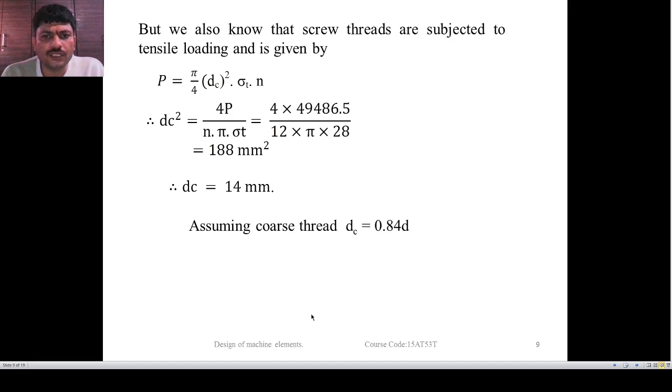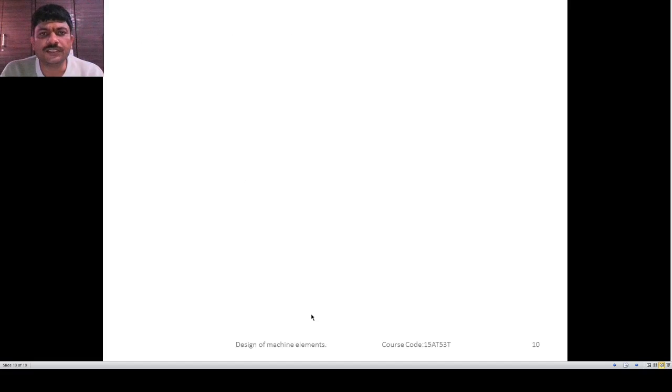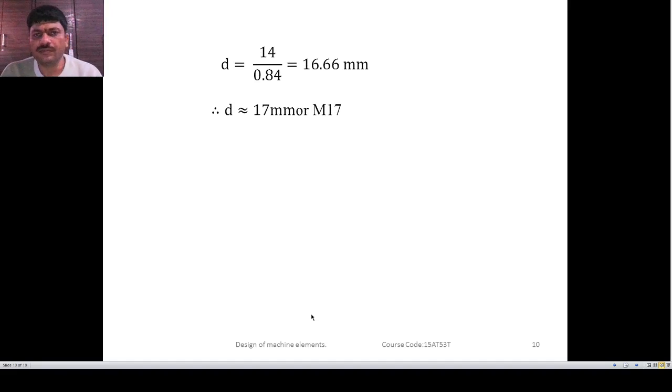Assuming the thread dc is equal to 0.84 d, the nominal diameter of the bolt d is equal to dc divided by 0.84. Substituting, 14 divided by 0.84, you get 16.66 mm, or M17.